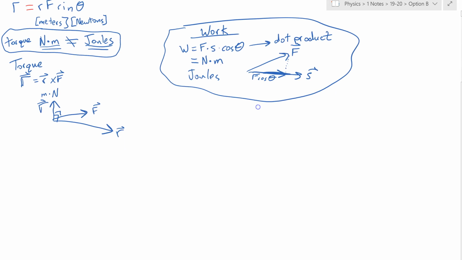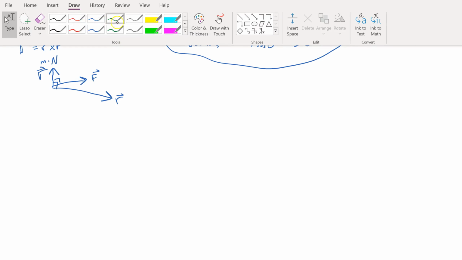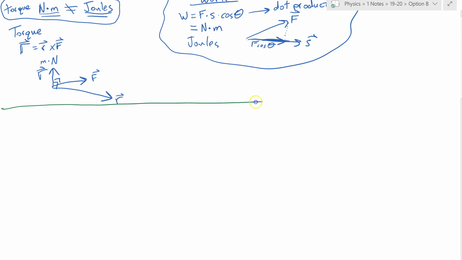Okay, method 2 for calculating torque is very convenient sometimes, but equivalent to method 1. Well, all three methods are equivalent, otherwise you couldn't use them all.